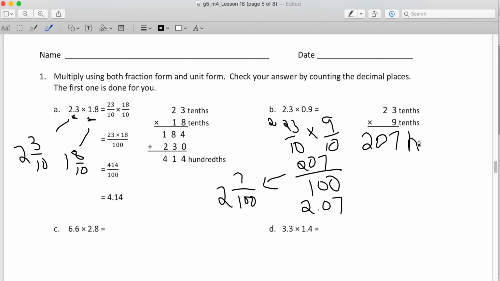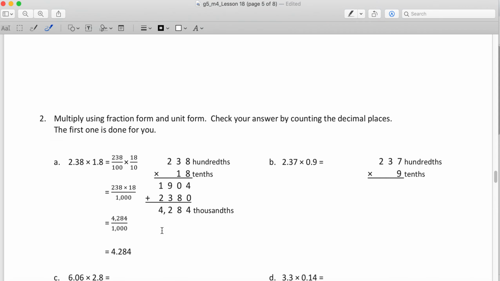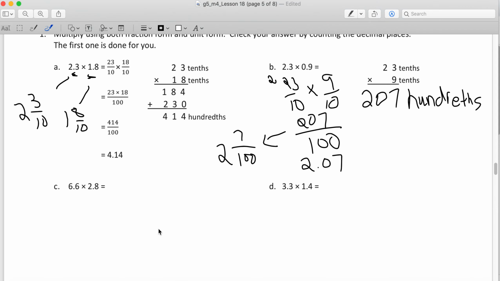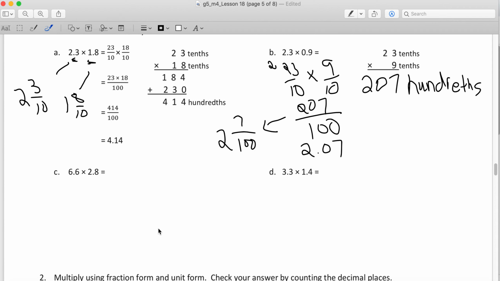And if you notice, once again, my language is hundredths. Okay? All right. Let's see. I think you may have the hang of this.